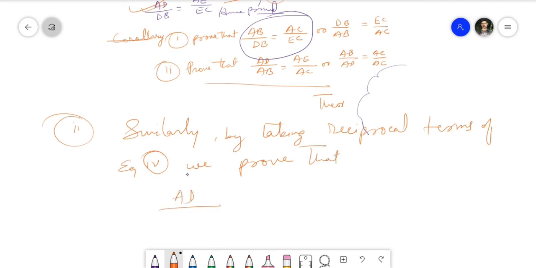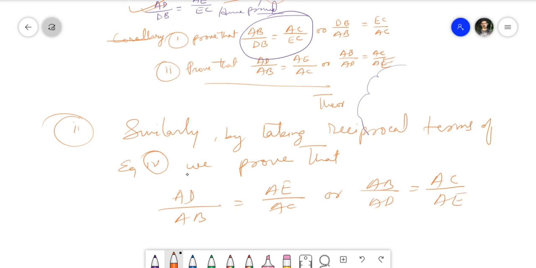AD by AB is equal to AE by AC, or we can say AB by AD is equal to AC by AE.